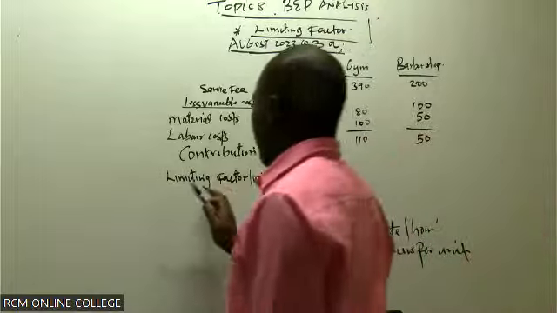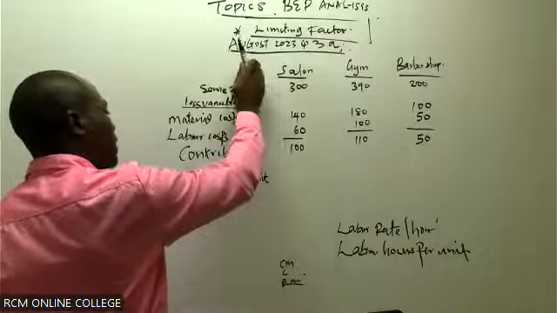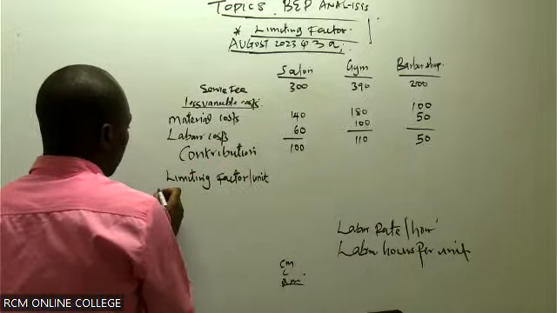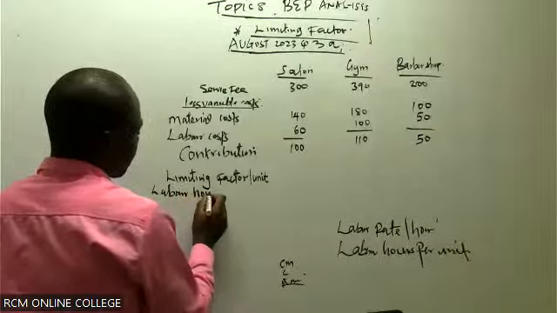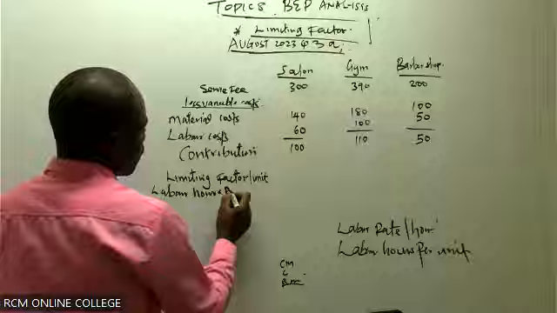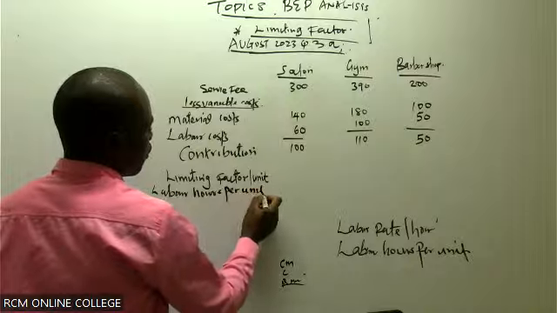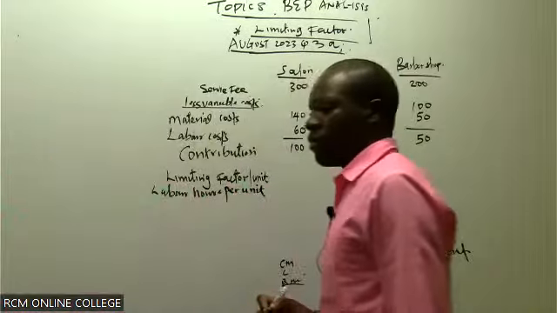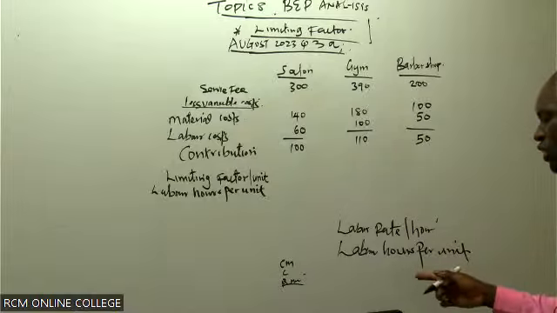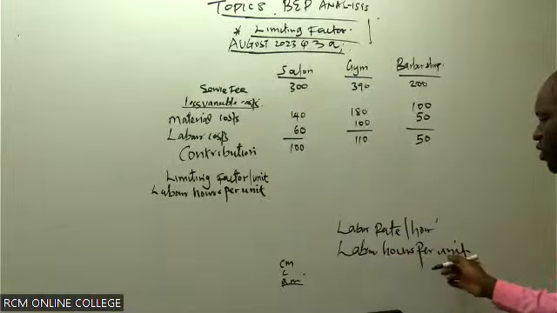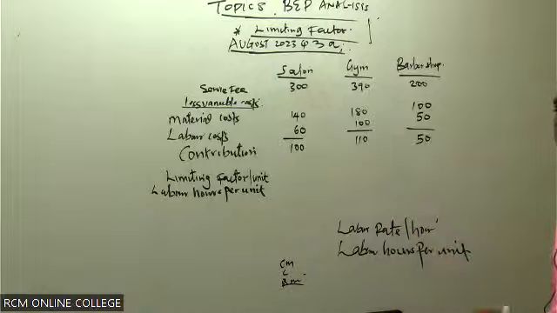What we are using here, the limiting factor per unit, as per this particular question, is labor hours per unit. So what have we been given in the question?